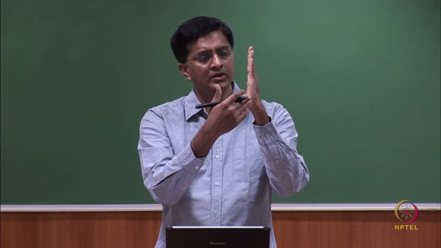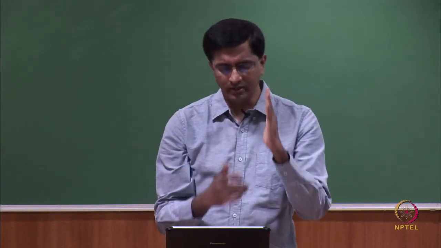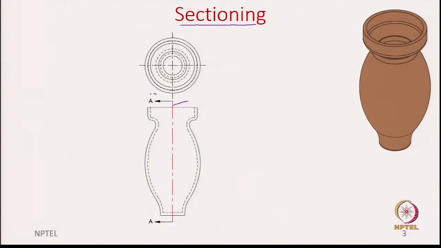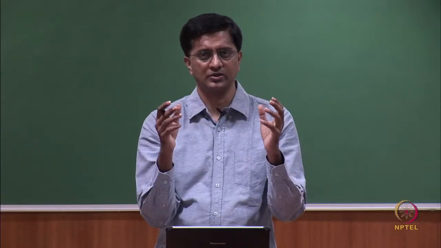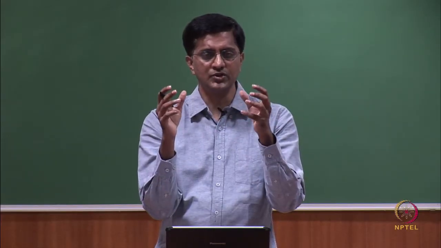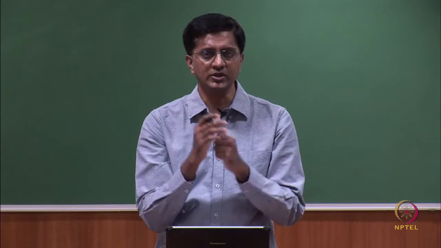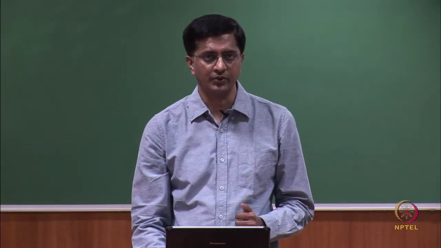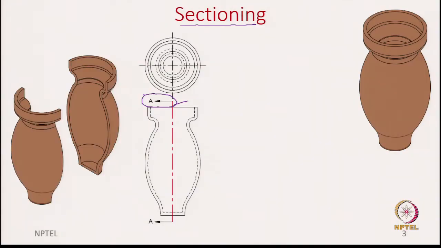Okay. And then once you define the plane, we also define in which direction we are viewing, because once you split an object you have two pieces. You need to know which piece you need to hold and capture the section view. Okay.